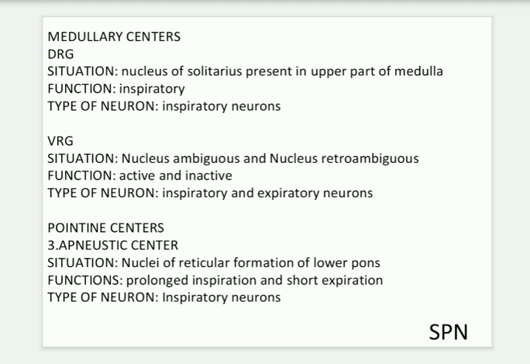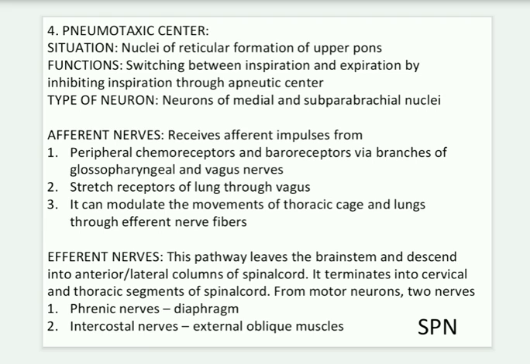Next is your pneumotaxic center. Situation, nuclei of reticular formation of upper pons. Function, it is switching between inspiration and expiration by inhibiting inspiration through the apneustic center. Type of neurons, neurons of medial and subparabrachial nuclei.